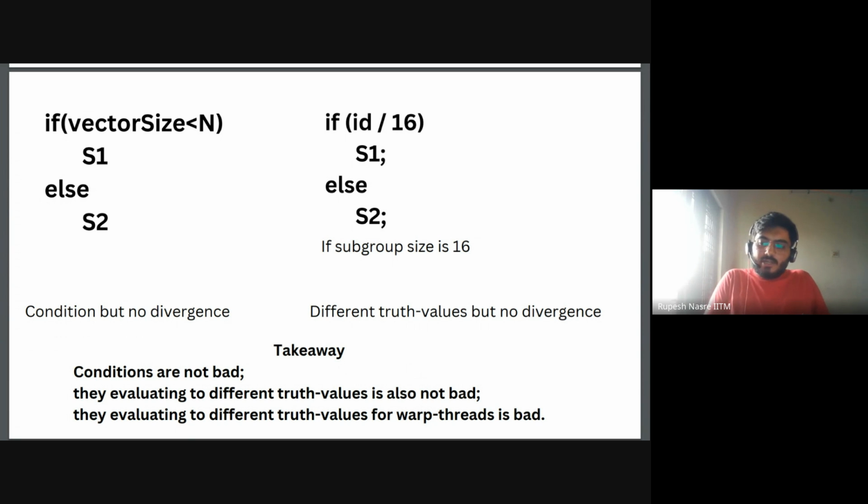But if you create an if-else statement in which the conditions are such that all the threads of a subgroup want to execute the same instructions, then there will be no thread divergence. Do you get it? Does everyone get it?